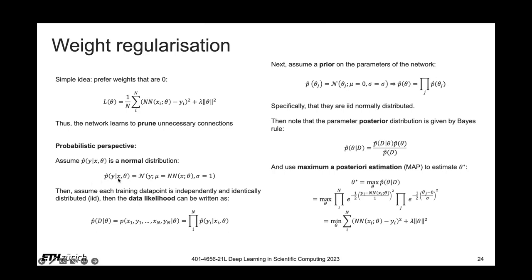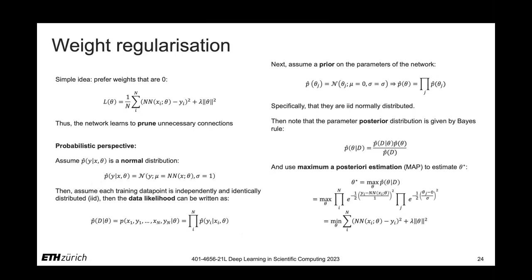What we did before is we said the probability is just a normal distribution, and the neural network learns the mean of that distribution. Then we said we're going to choose the values of theta that maximize the probability of our training data, given that value of theta. And we showed we just multiply these normal distributions together if they're identically distributed points.